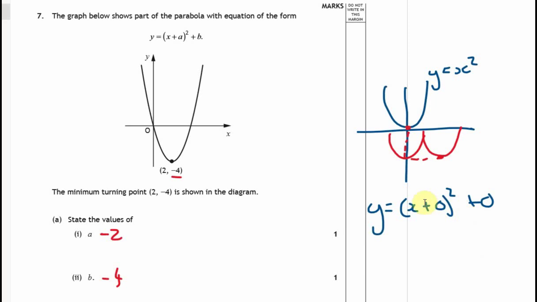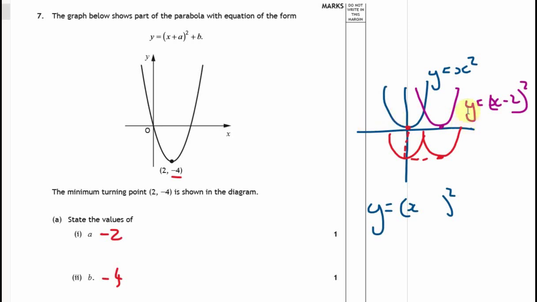Think about working back. Let's do this graph over here. Let's see if I just move it over first before I move it down. If I move this one over, that is equal to y is equal to x -2 squared. Now that makes sense because at the turning point, y is equal to 0.